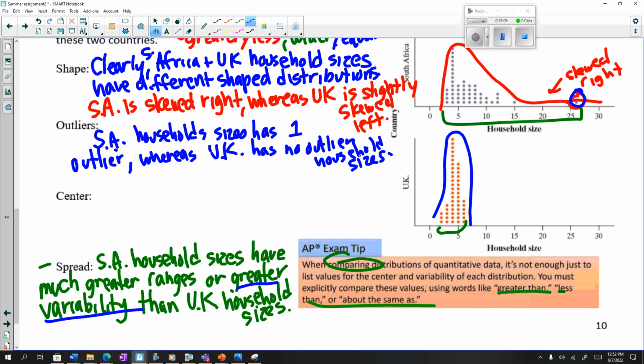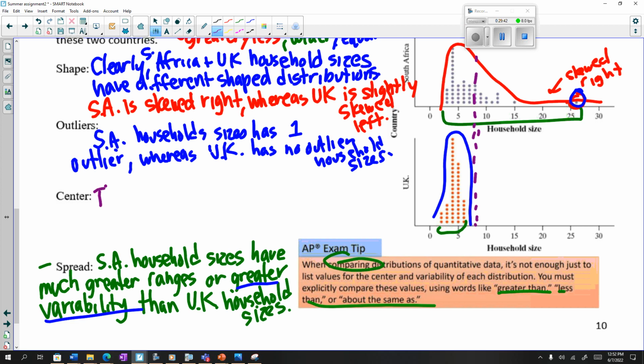And lastly, center. So let me ask you, what do you think is going to be the bigger center, the bigger mean, or even the bigger median? Which one do you think is going to have a greater median household size? South Africa or UK? Since these are parallel dot plots, they're on the same set of axes, it's pretty clear to see that the center of the South Africa is going to be higher than the UK. And that makes sense because maybe they're having more children in South Africa per household than they are in the UK, right?